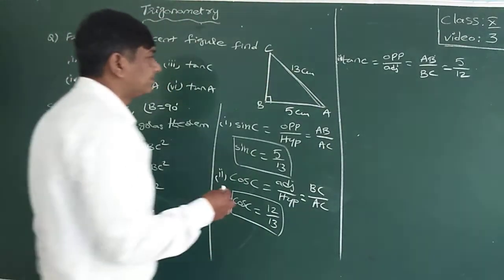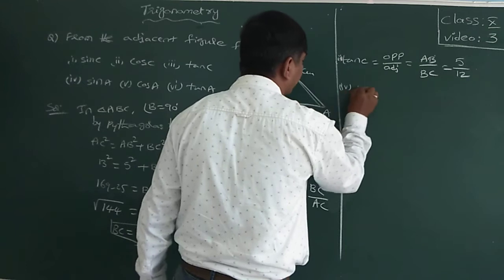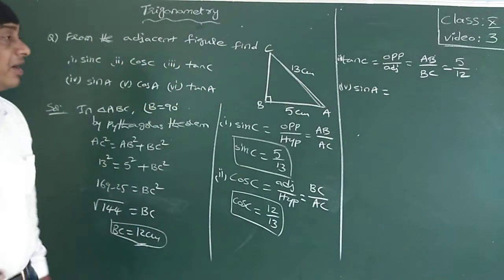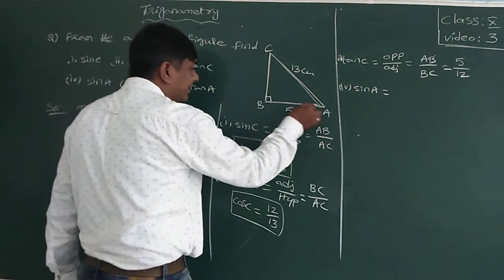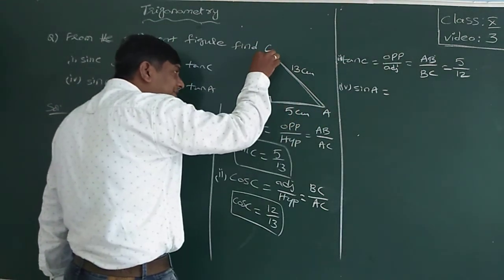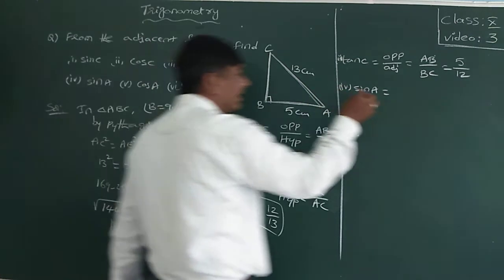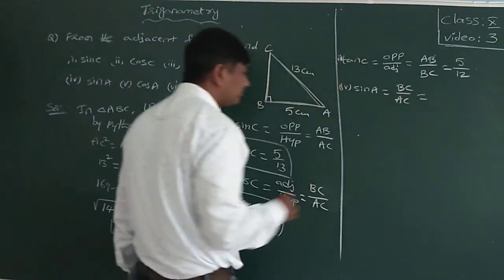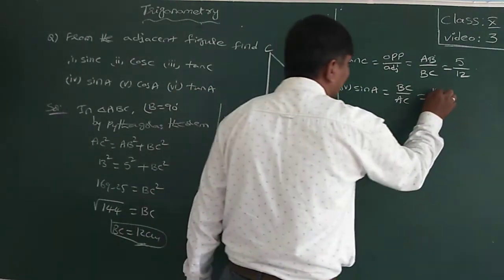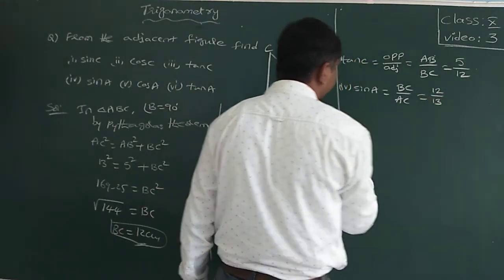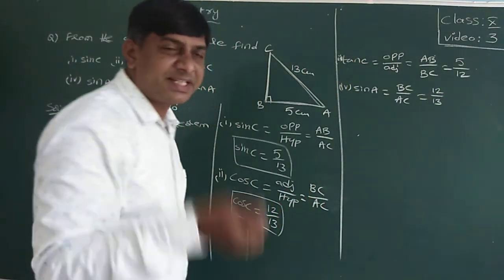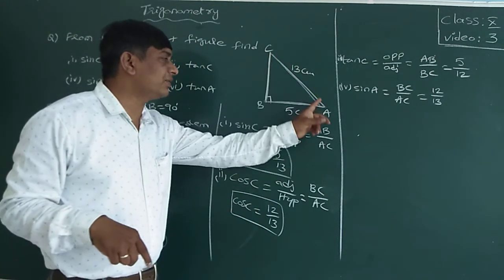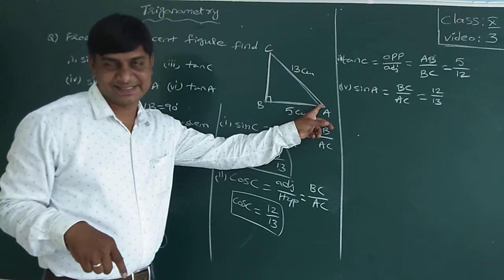Now the fourth one, sin A. The opposite side to angle A is BC, and the hypotenuse is AC only, which means 12 by 13. Okay, in the same triangle, this angle's sin is equal to the other angle's cos.